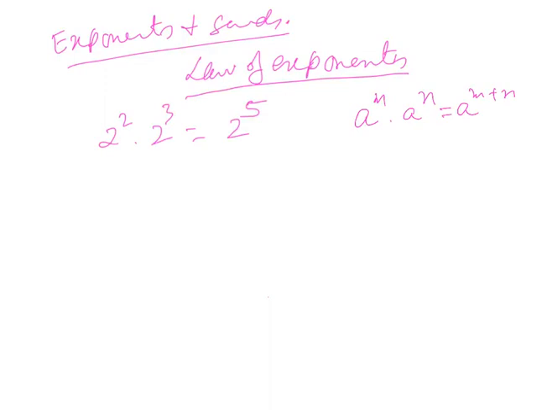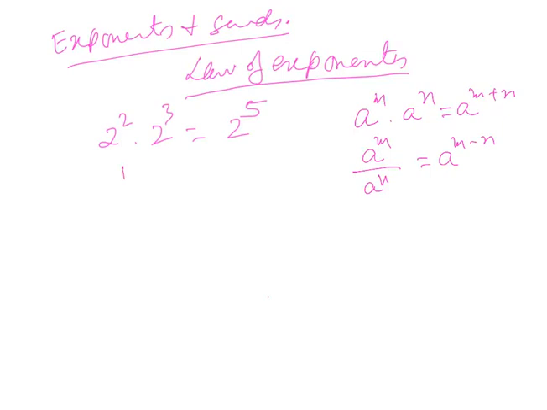For laws of exponents, we ensure that we apply them to the same base. Even for division, we apply them for the same base, and we take the difference. This is for multiplication, this is for division. In fact, both of them are one and the same law, but we see them differently.